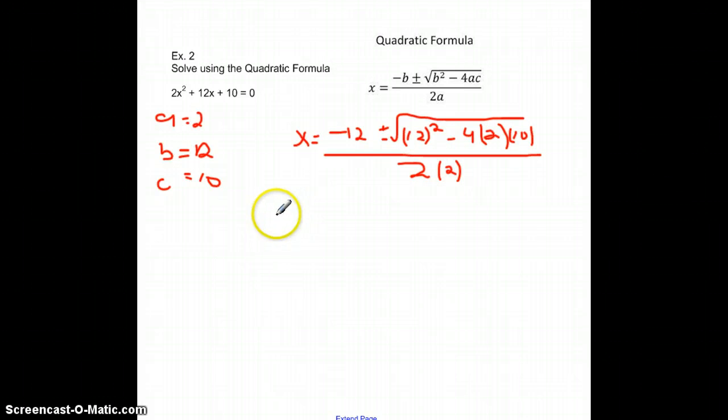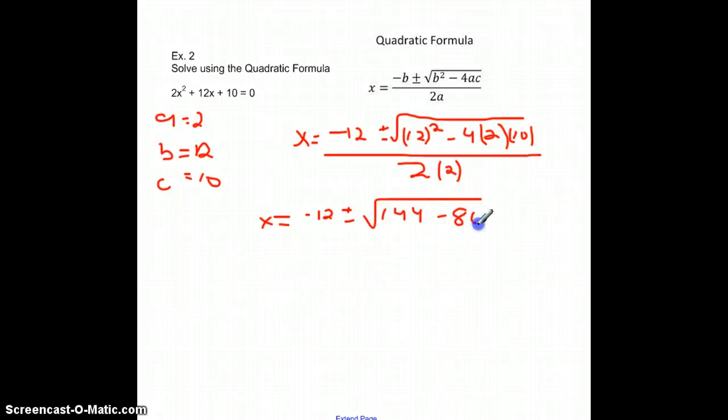So we go down to the next step here. We got x equals negative 12, and then we have plus or minus the square root of 144, 12 squared, right? And 4 times 2 is 8. 8 times 10 is 80, so minus 80.